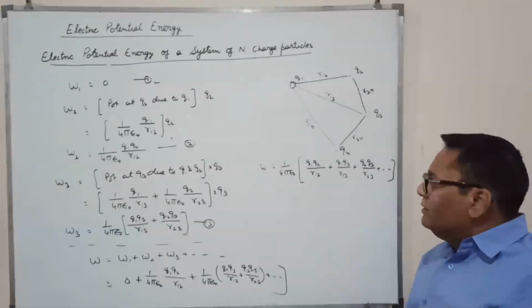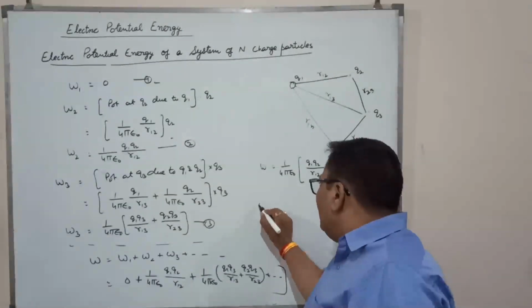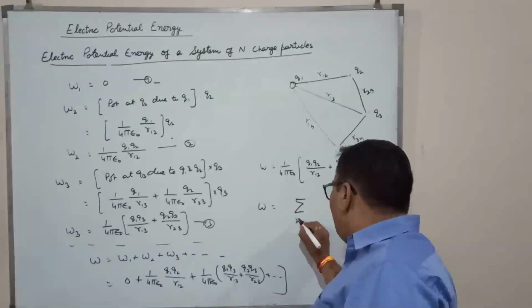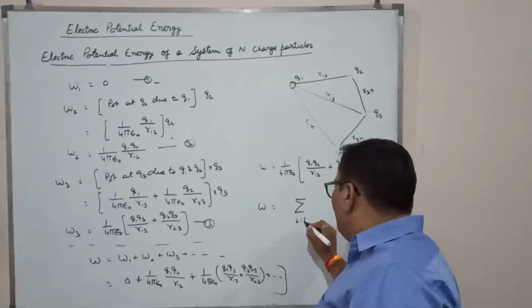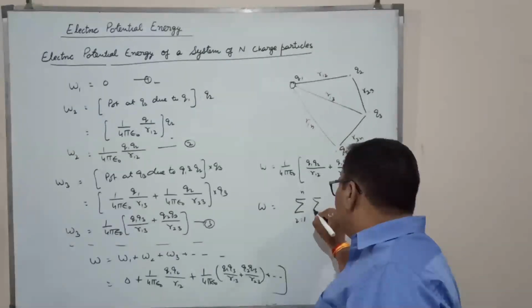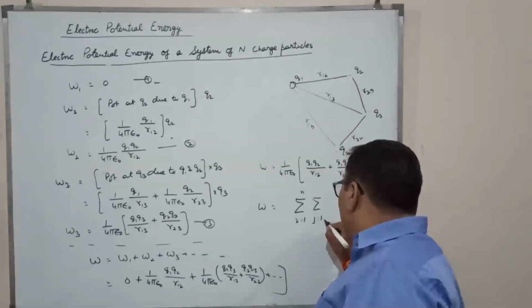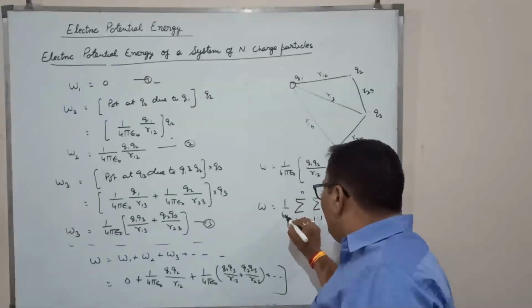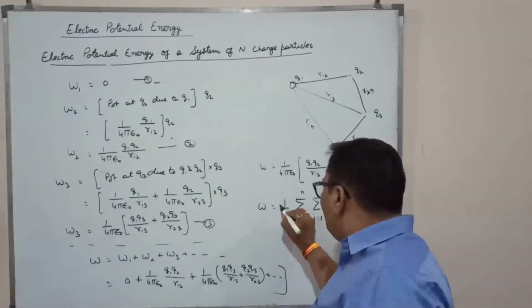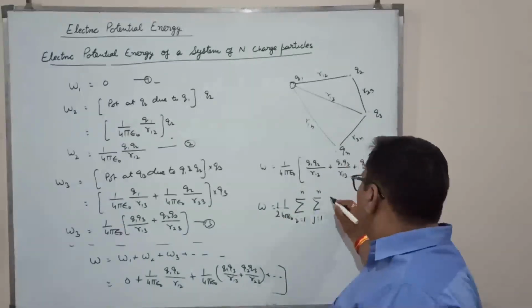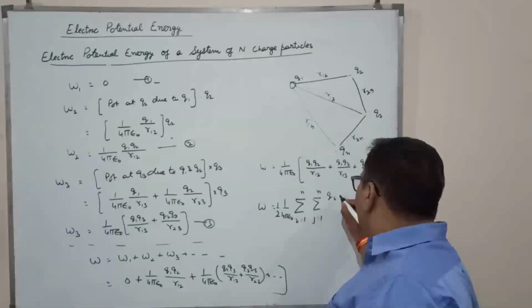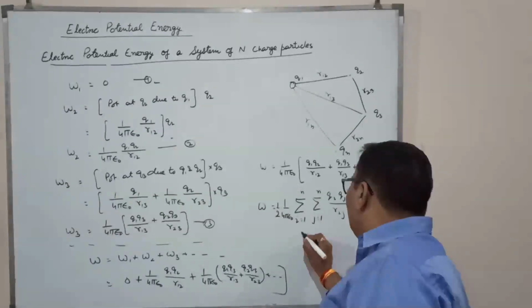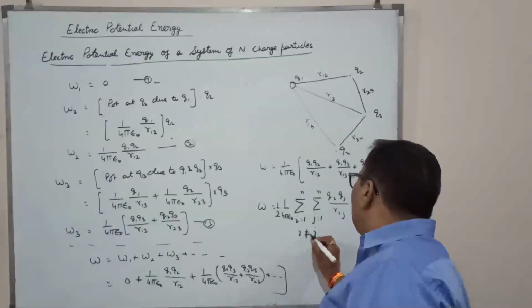And in general it can be written as sigma i is equal to 1 to n, sigma j is equal to 1 to n, 1 upon 4 pi epsilon 0, half, qi qj upon rij, where i is not equal to j.